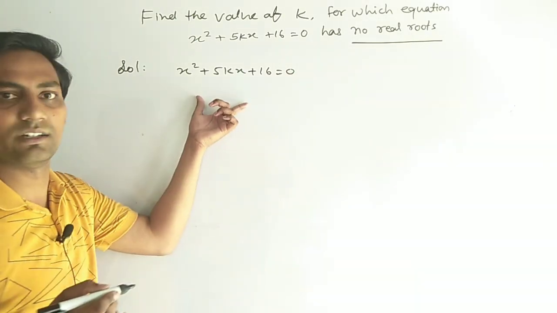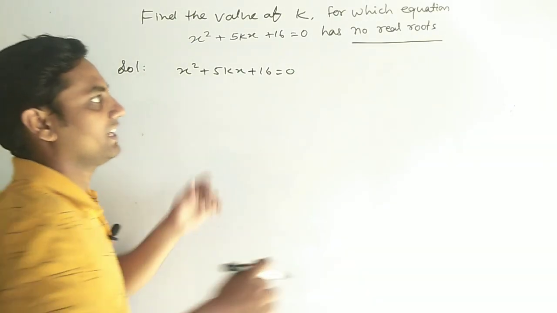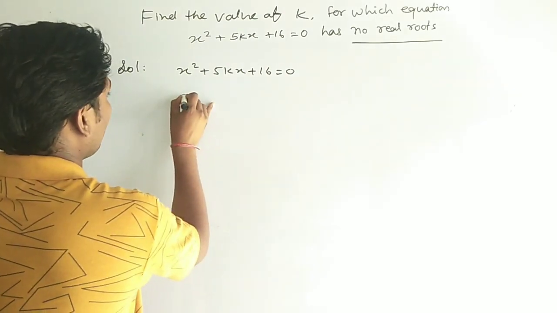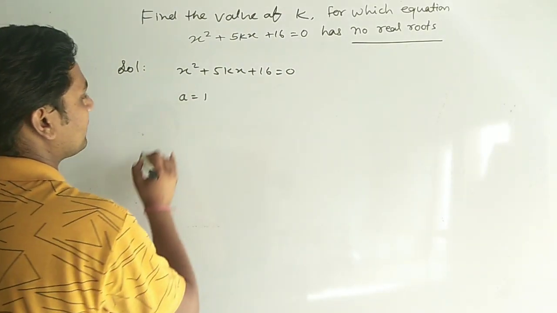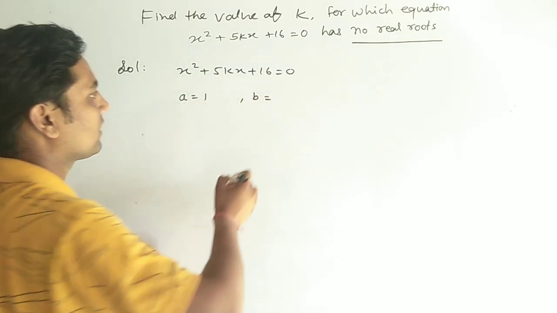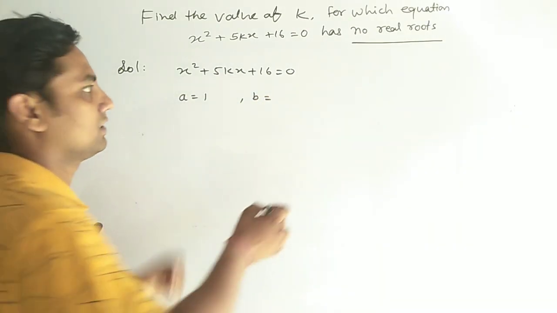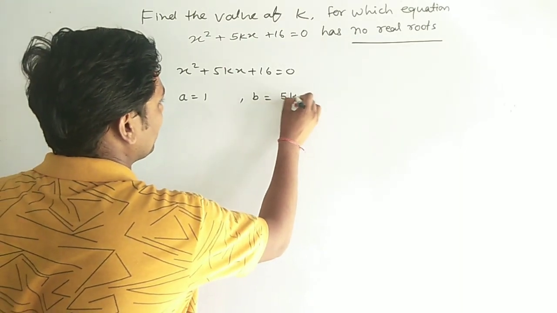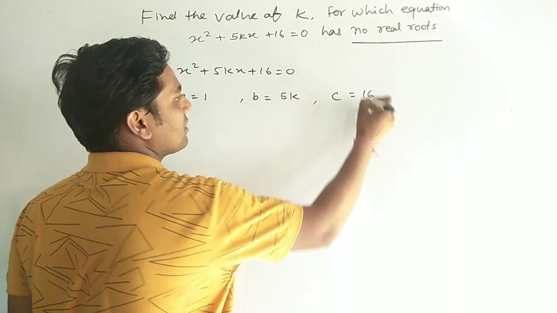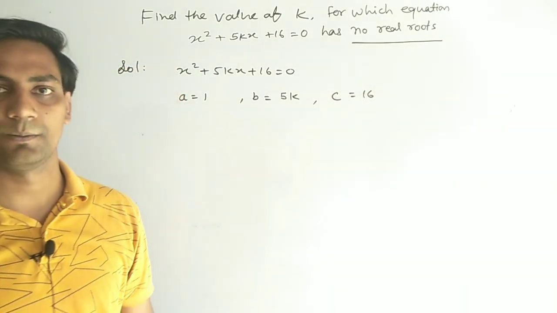It is our quadratic equation, and the condition is no real root. The value of a is 1, the coefficient of x square, and b, the coefficient of x, is 5k. And the value of c is 16.